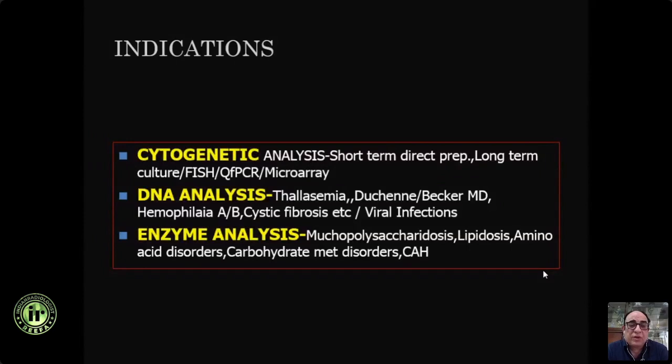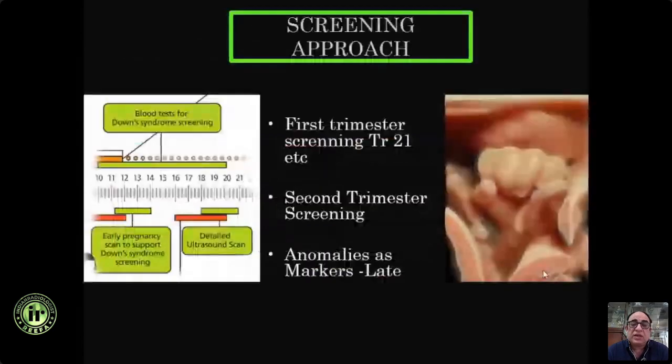We do rapid aneuploidy tests in the form of FISH and QFPCR and microarray. Then there are certain single gene defects like thalassemia, Duchenne's, hemophilia, cystic fibrosis, etc., where we do DNA analysis. And then there are some inherited metabolic disorders, enzyme disorders like mucopolysaccharidosis and others, congenital adrenal hyperplasia, where we also need to do these interventive procedures.